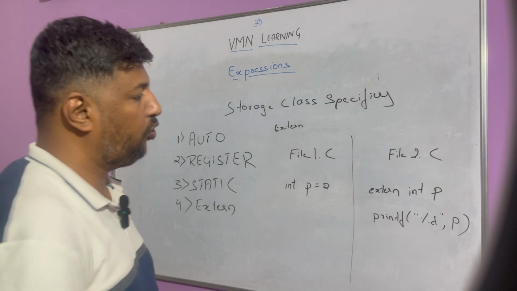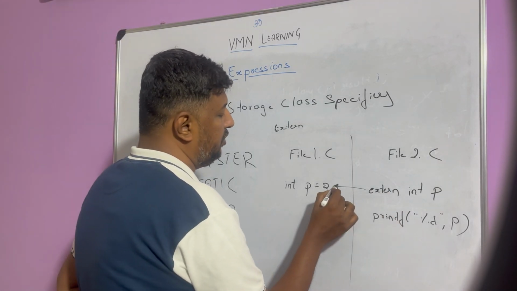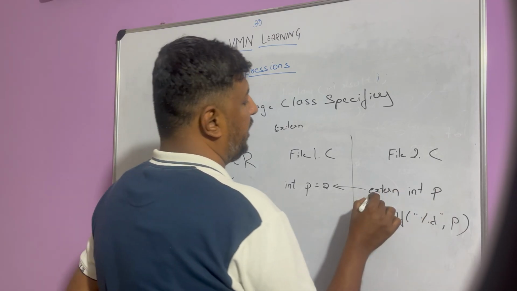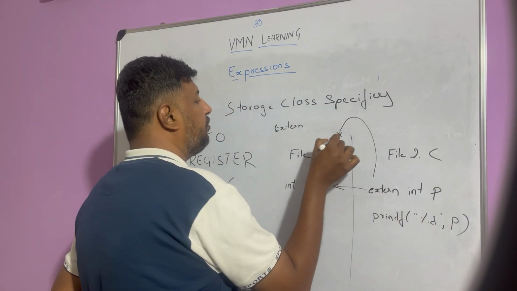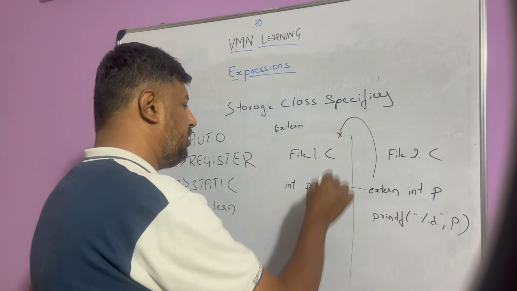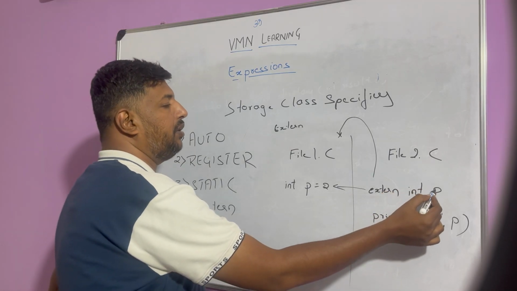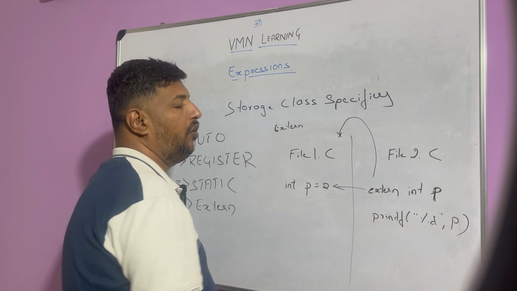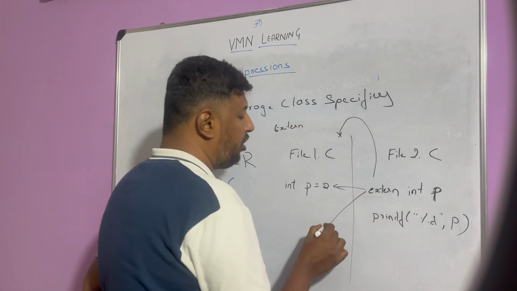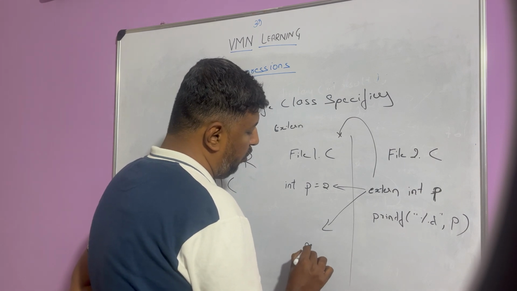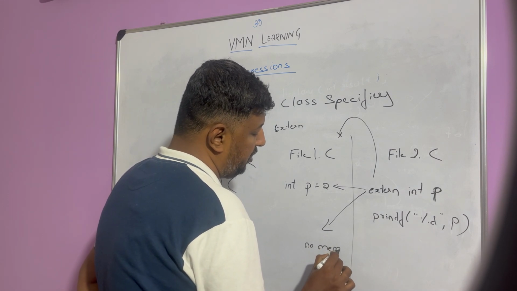This extern keyword will let the compiler know this value is taken from some other file. So it will search in a different file and get that value here. And this will not allocate any memory. No memory is allocated.